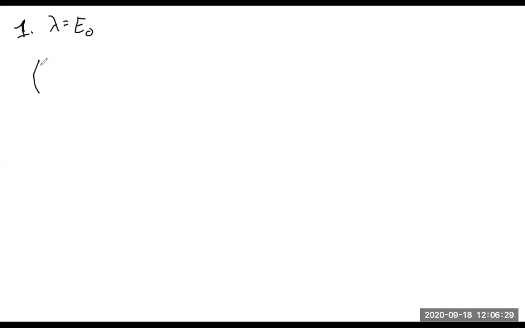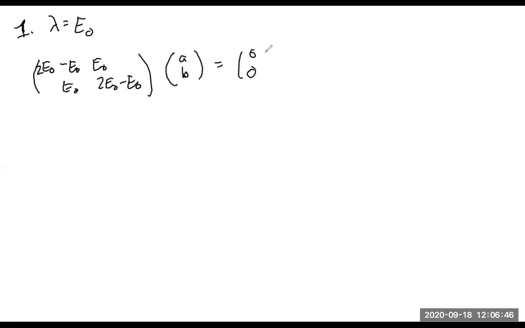So if I look at my cases, 2E naught minus E naught, E naught, E naught, 2E naught minus E naught, times the vector A, B, I should get 0. I'm going to factor out the E naughts just to make life a little easier.